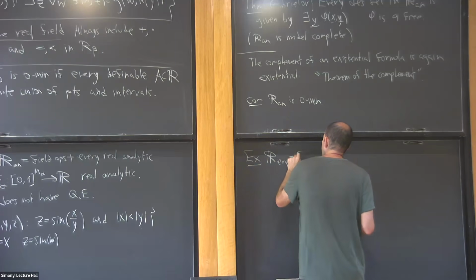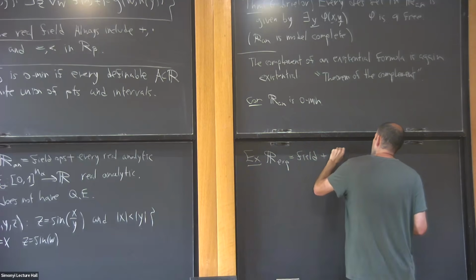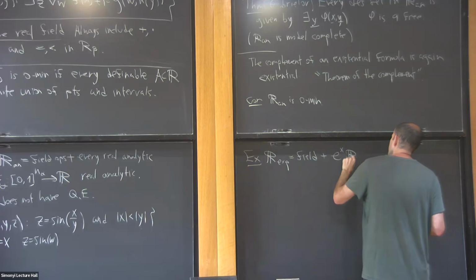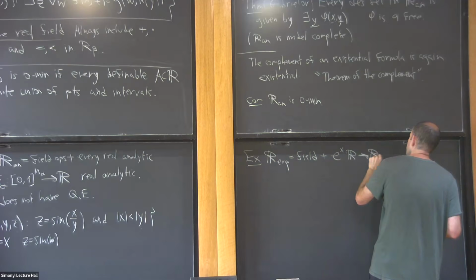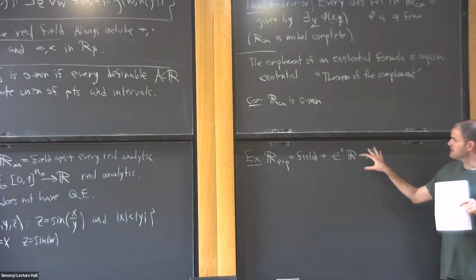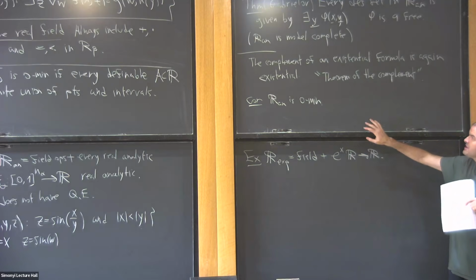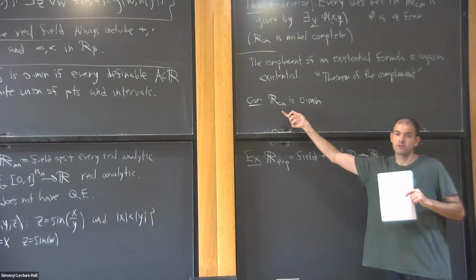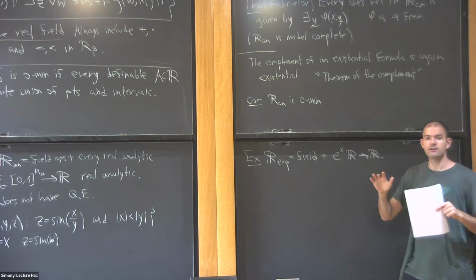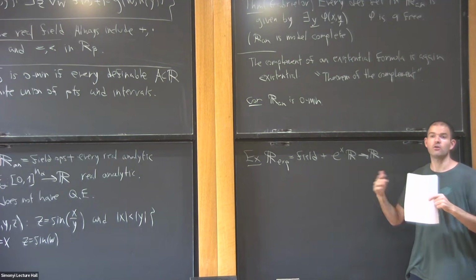This is just given by field operations plus e^x, which I think about as a function from R to R. Okay, so this is a structure which is, well, at least it's not obviously contained here, because here I'm only including analytic functions restricted to compact domains. And here I'm putting just e^x on all of R.